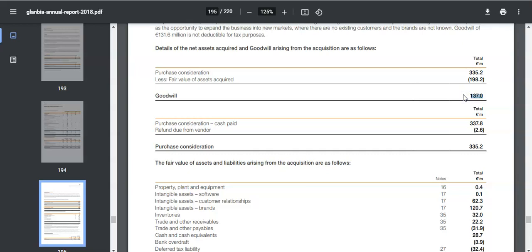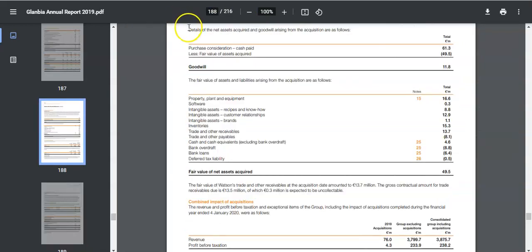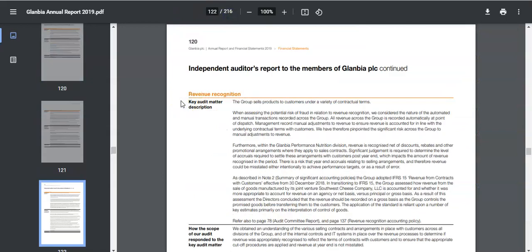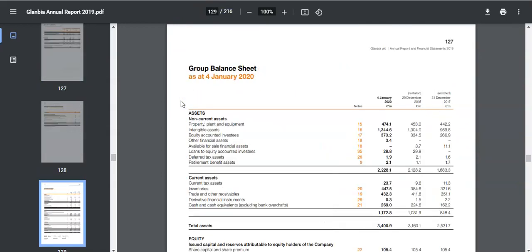Again, you'll deal with how to account for all of that next year when you deal with group accounting, but it's quite a significant figure. Right? Goodwill is a huge, big figure in a lot of these. Like if you look at Glanbia's annual report, the one I have up in loop for this year, and we look at the statement of financial position, one of their biggest figures is intangible assets, 1.3 billion. Most of that is goodwill, if you go to note 16.